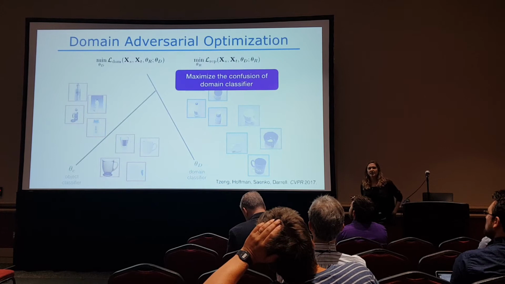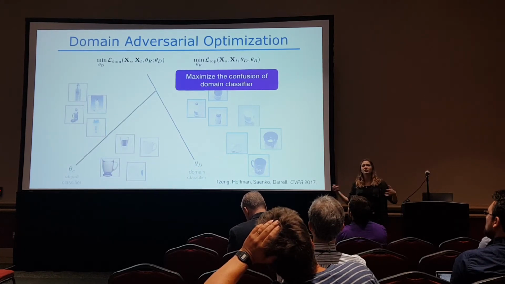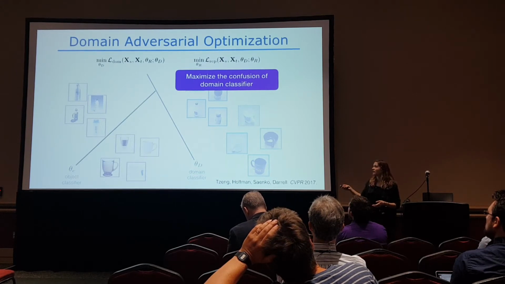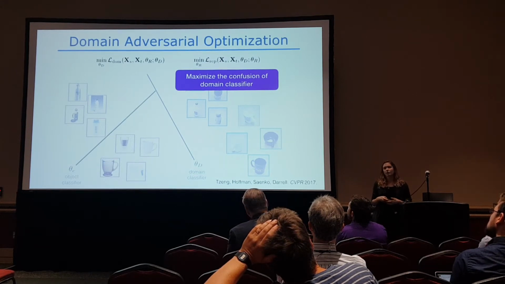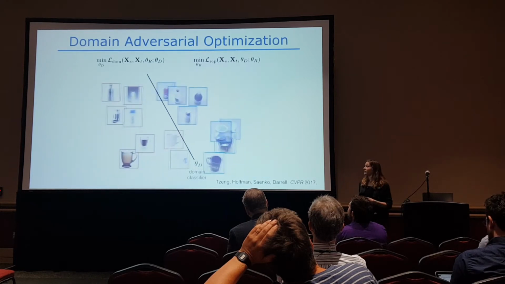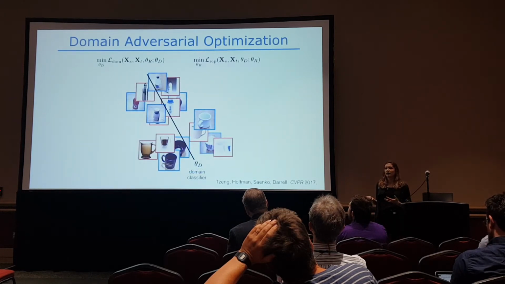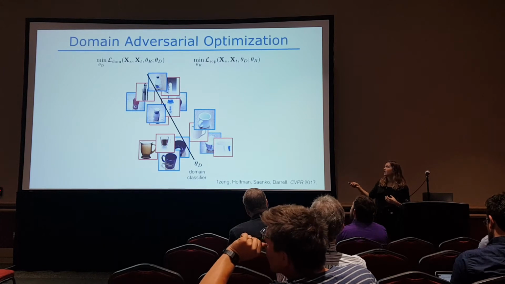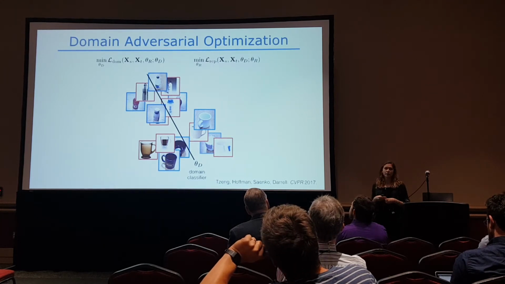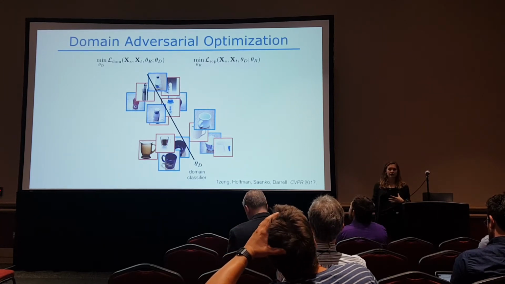And then we're going to update the underlying representation, meaning where these points fall on the screen, according to confusing this domain classifier. Once we do that, these points will move in such a way that now that domain classifier performs poorly at distinguishing between the red points and the blue points.